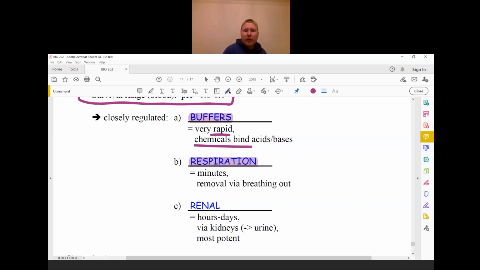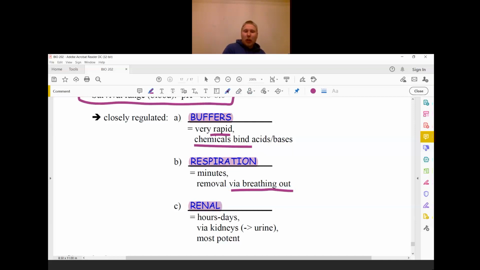The second way we can deal with this is through respiration. This is a little slower, takes about a couple of minutes to act, and that's all about breathing out what we don't want to have in the body to neutralize the pH changes. And the final method that I'm going to discuss with you just briefly is the renal method.